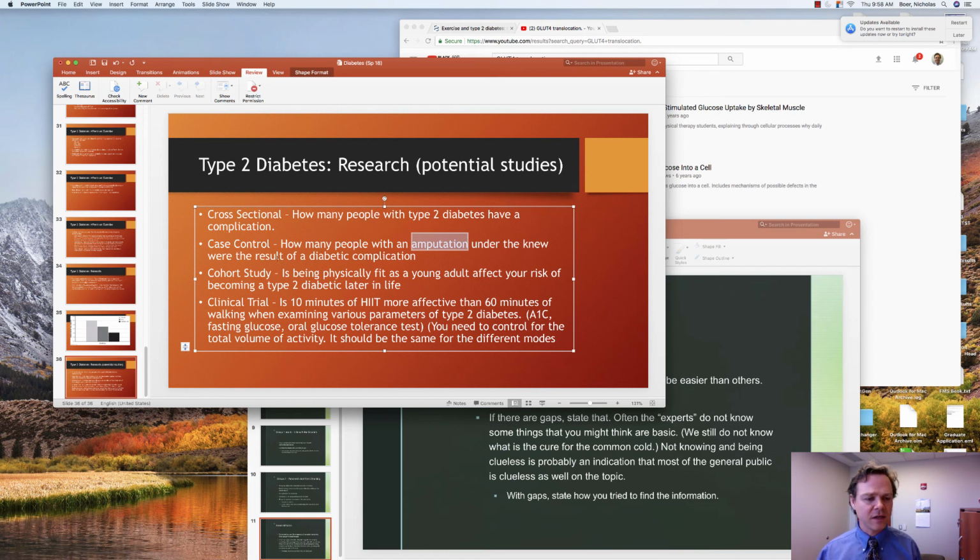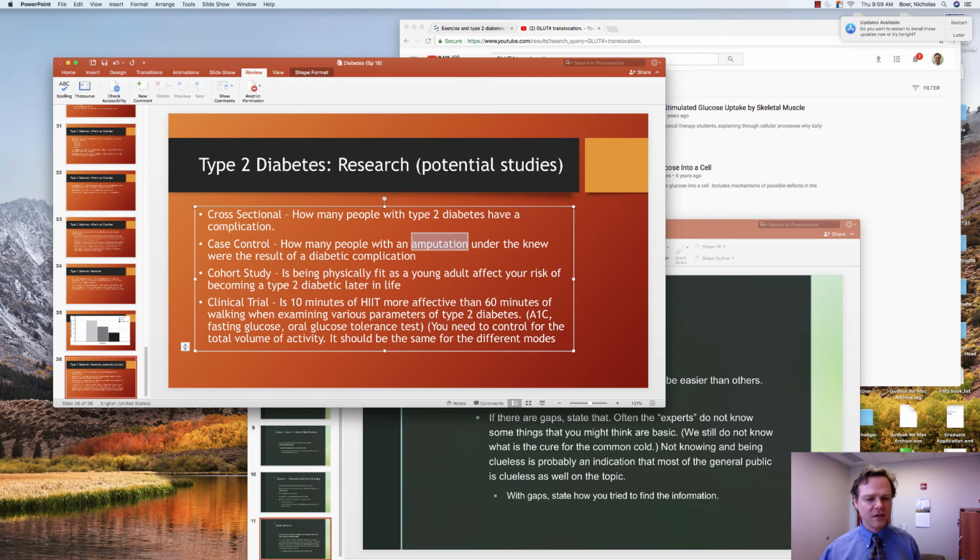If you wanted to do a cohort study of free living people with diabetes, it's more difficult to see how many of those people will get an amputation. It's quicker and easier and cheaper just to look at the people that have already had an amputation. What makes them different than other type 2 diabetics?